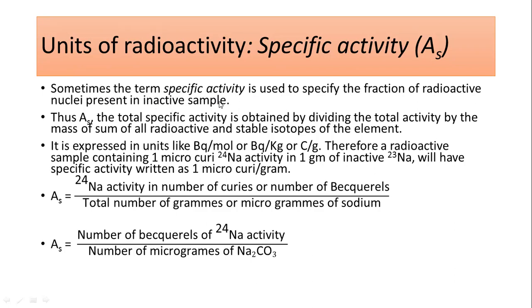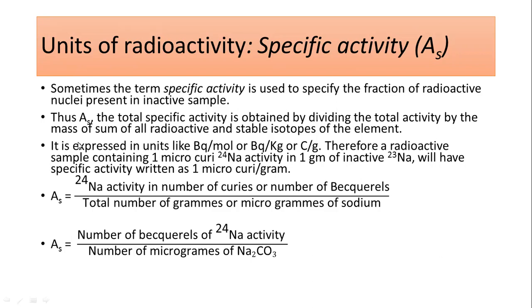The ratio between these two is called the specific activity, because it depends how much of the inactive sample you have, and in the inactive sample how much is the active radioactive nuclide, because you are getting the radioactivity out of the active nuclide, or the radioactive nuclides.